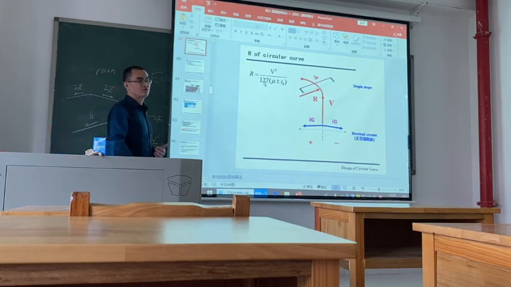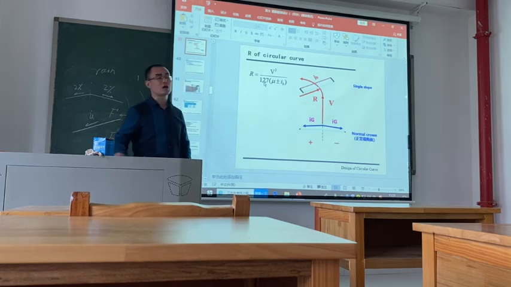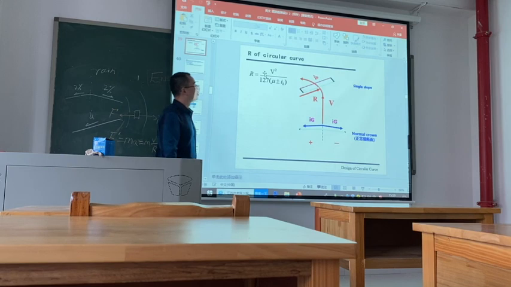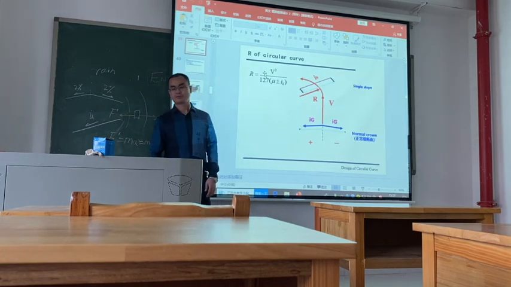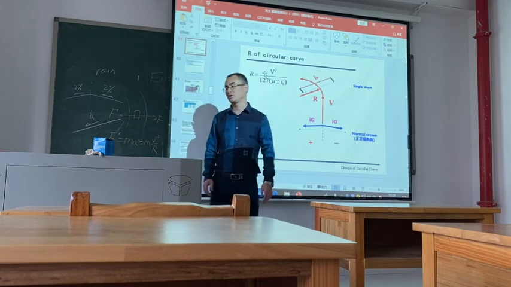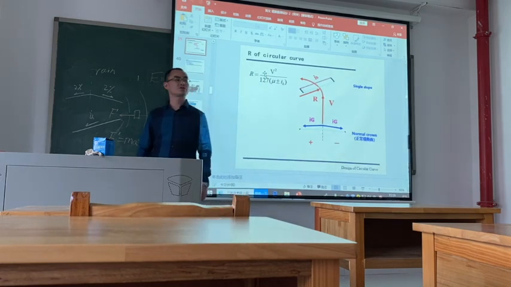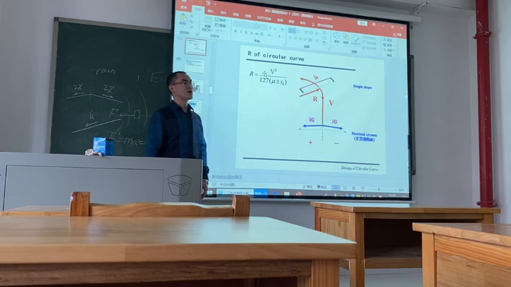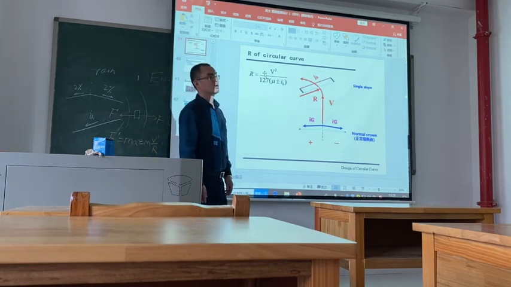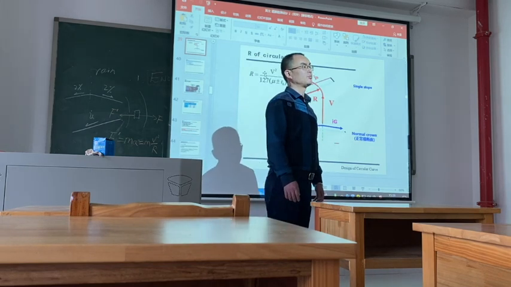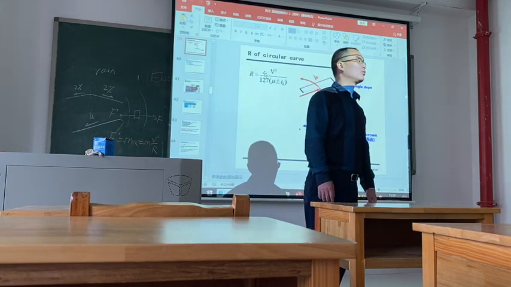We can use this formula to calculate R. V is design speed of the road. Mu is side force factor. When the design speed is very high, the mu is very low.